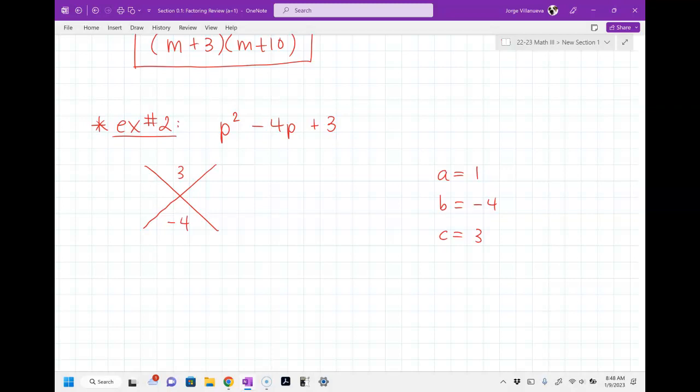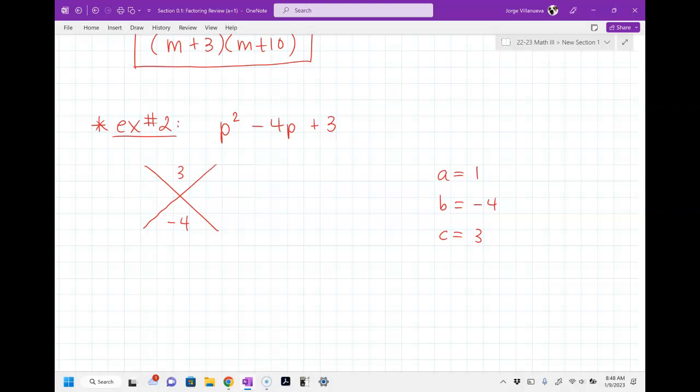So what two numbers should I use to get a 3 when I multiply and a negative 4 when I add? Think about it. What two numbers? 2 and 2? If I do negative 2 and 2, if I multiply those, I get a negative 4. Remember, I want to multiply to a 3.